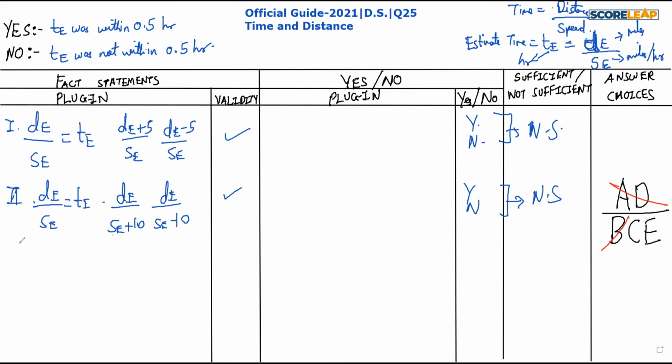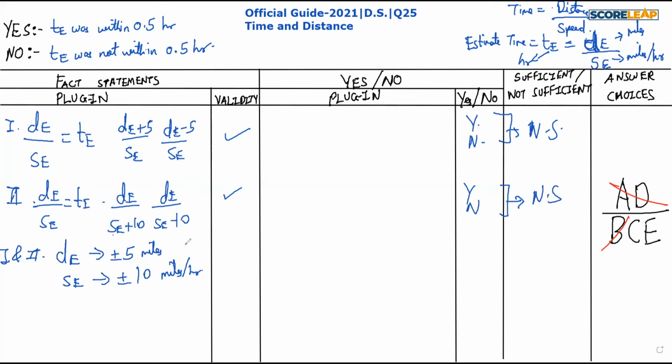Now whenever both the statements are not sufficient, we club both of them and check. So DE is within 5 miles and SE is within plus or minus 10 miles per hour. By looking at it, we might think that 5 by 10 is equal to 0.5, so our estimated time will be within 0.5 hours.